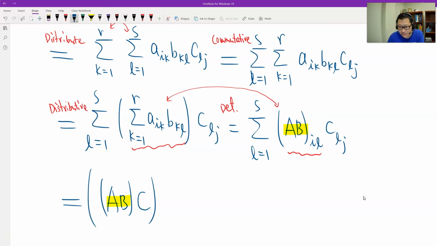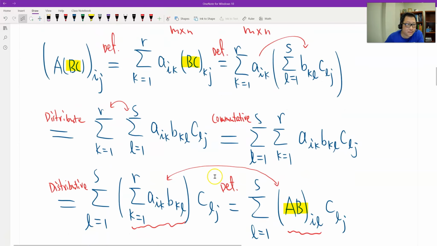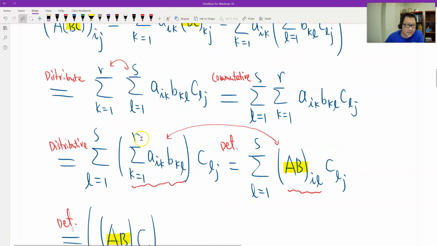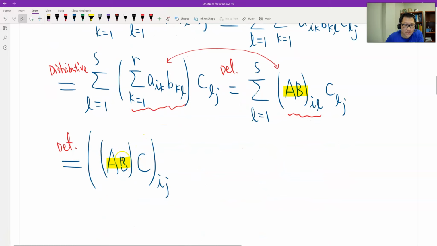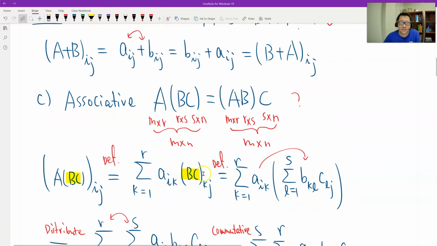The entry of the ith row and the jth column, and that's the definition of matrix multiplication. And that's the proof, because I get A(BC) and (AB)C with the general entries the same, right? The corresponding entries are the same. Therefore, associativity is true.